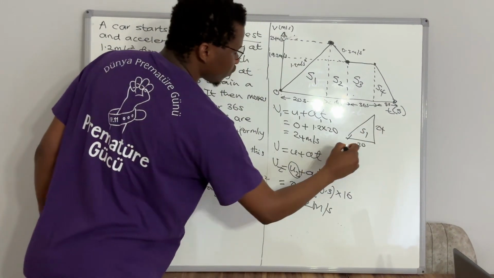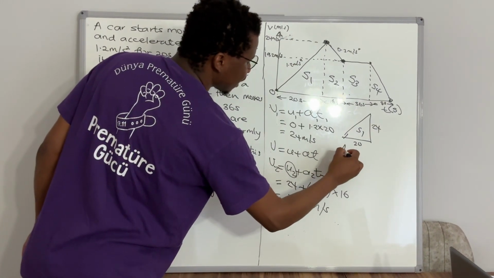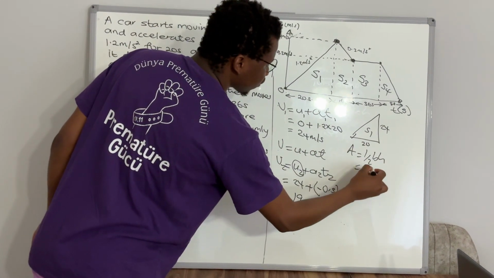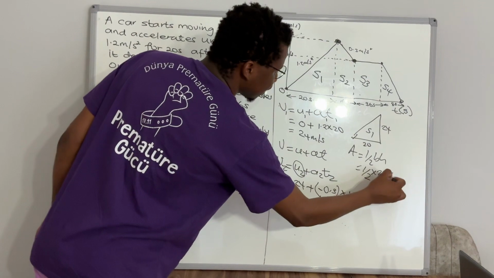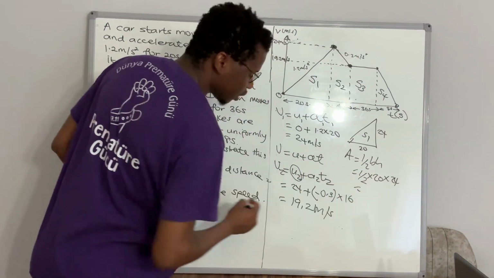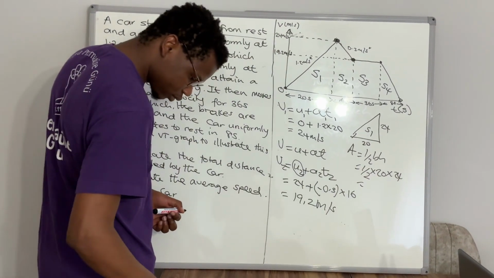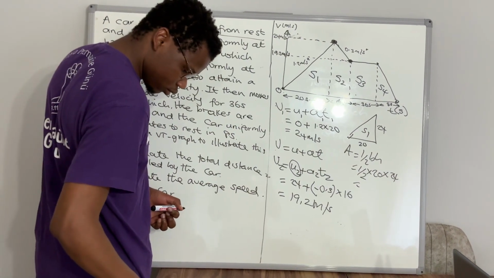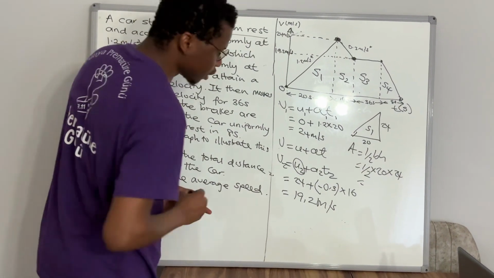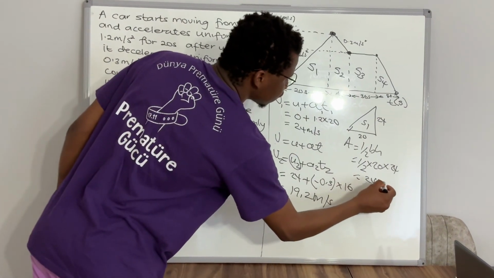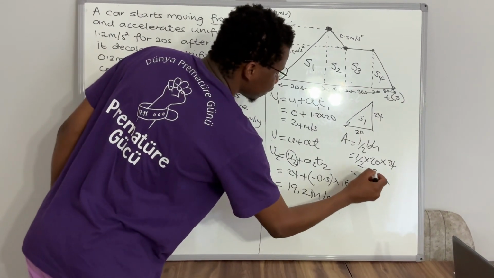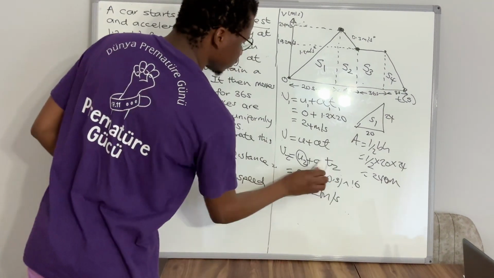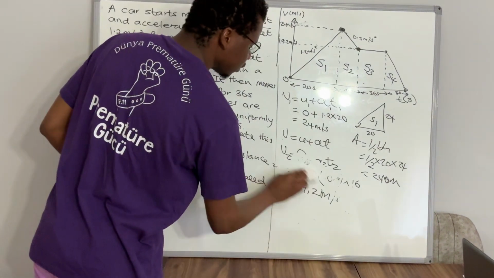So the area for S1 is half base times height, which is half times 20 times 24. That will give me 240 meters.